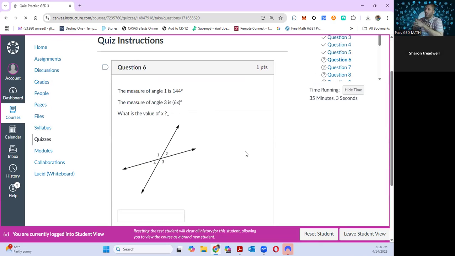The measure of angle 1 is 144. The measure of angle 3 is 6x. What is the value of x? This is a fill-in.